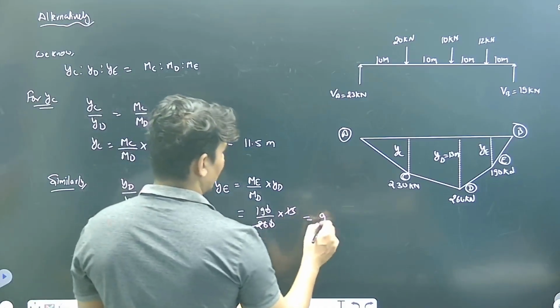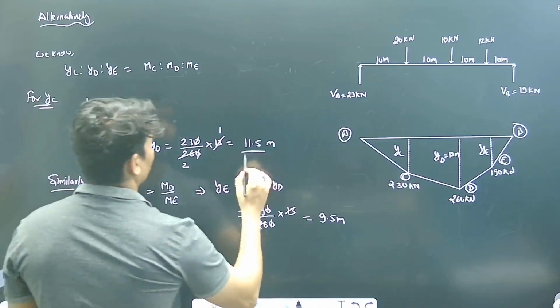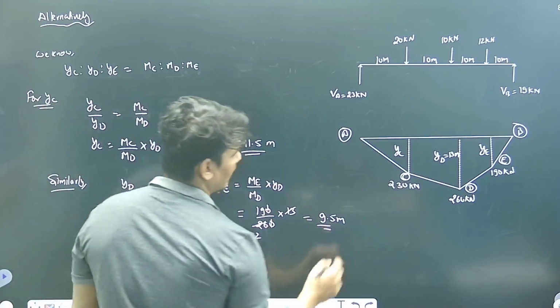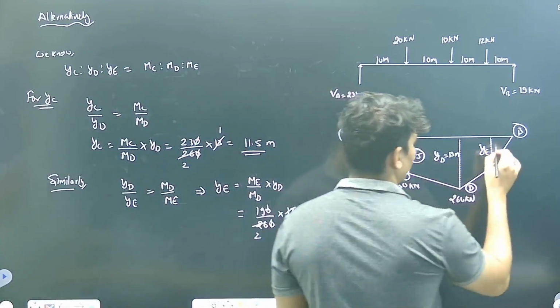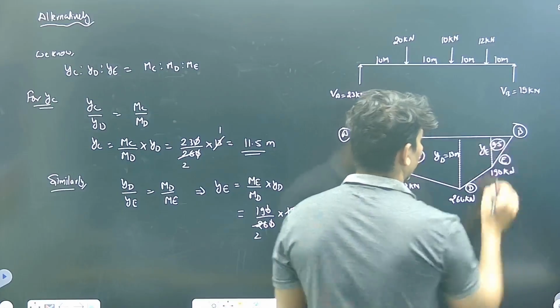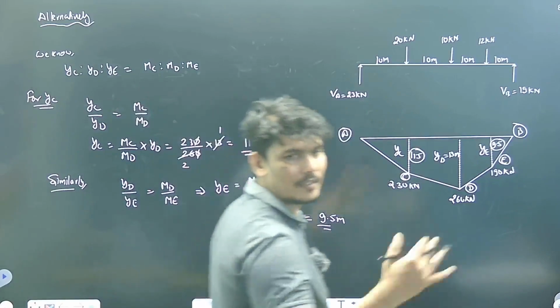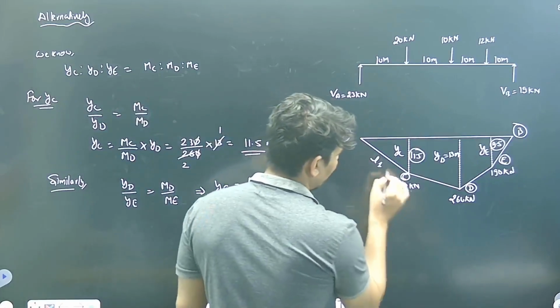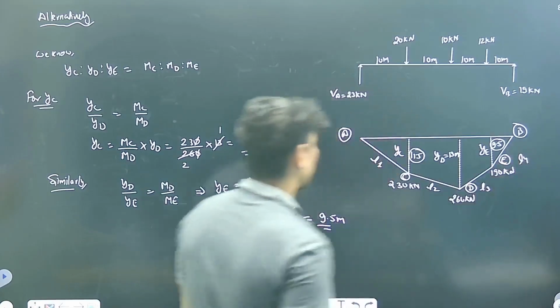So it's 9.5 meter, right? So YC is 11.5 and YE is 9.5 meters. Okay, we were interested in finding these lengths L1, L2, L3, L4, right?